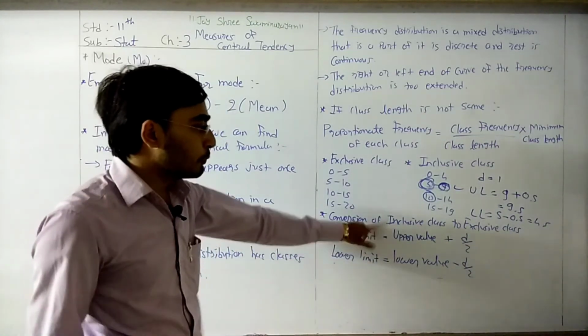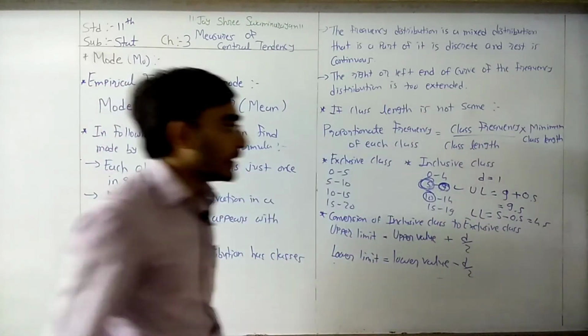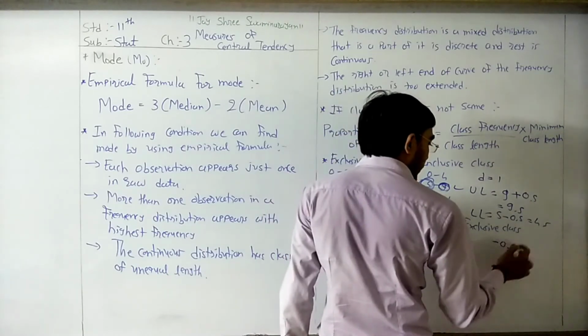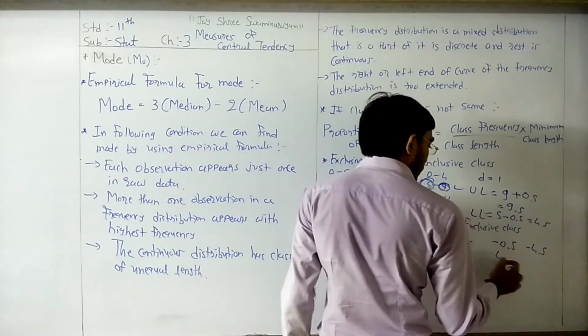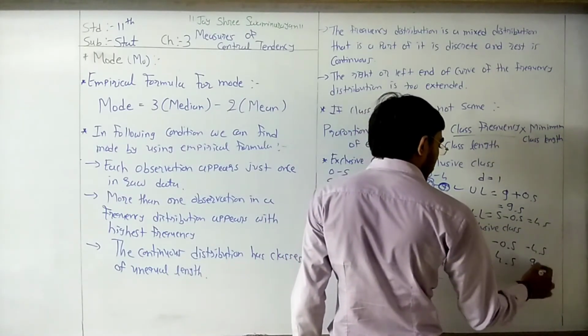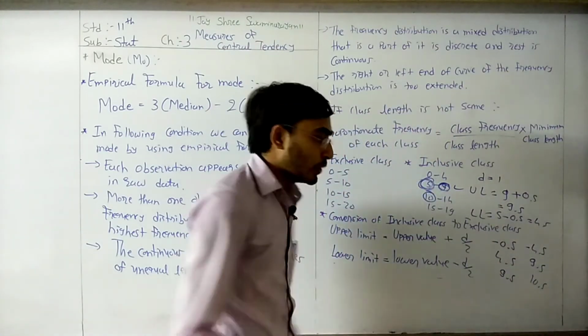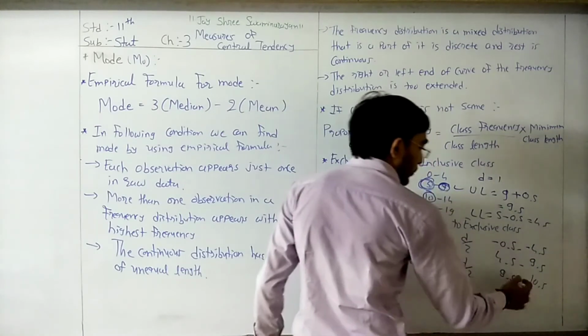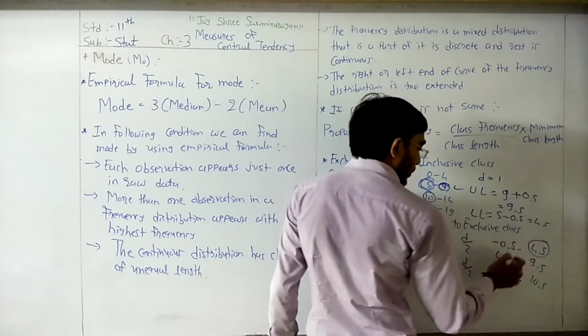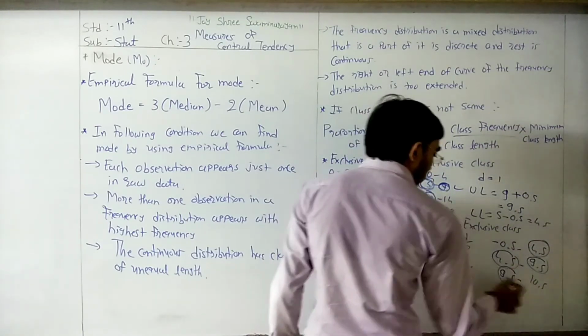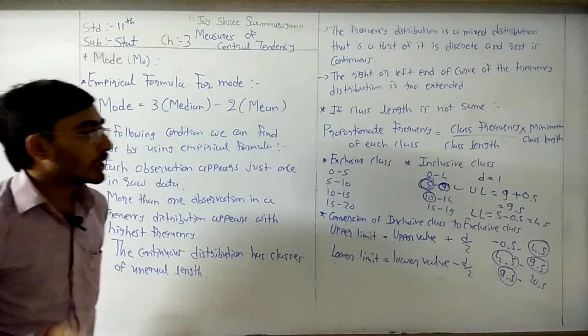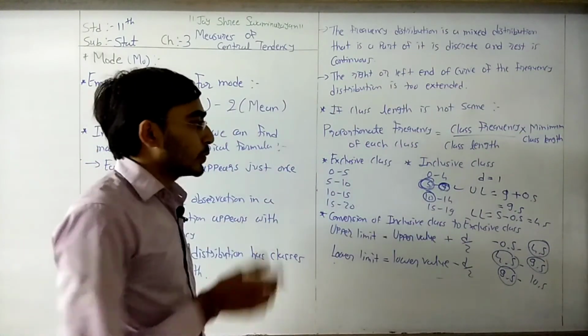If you apply this formula in all the classes, they are converted into minus 0.5 to 4.5, 4.5 to 9.5, 9.5 to 10.5. Now this becomes exclusive class. This is the conversion of inclusive class into exclusive class.